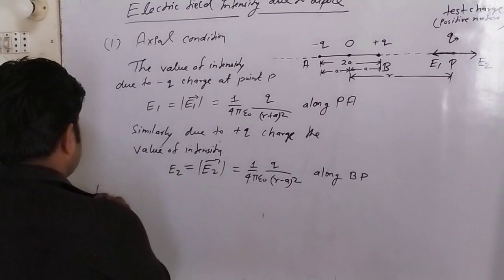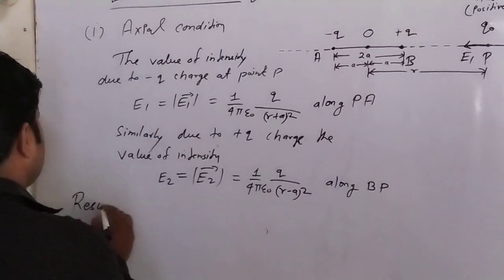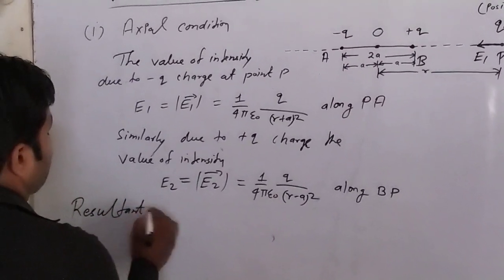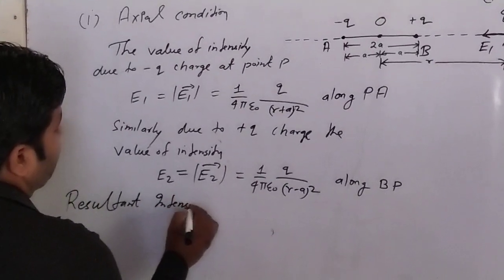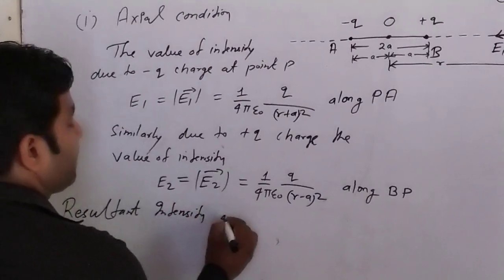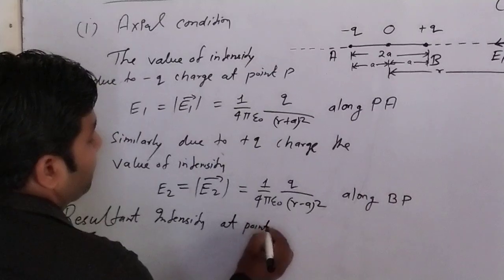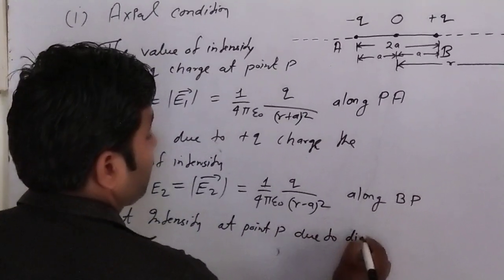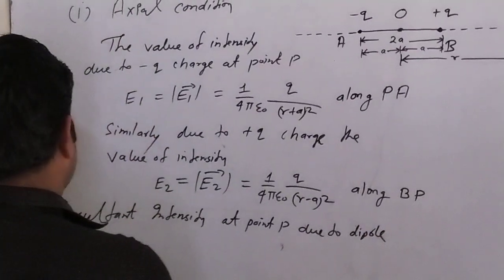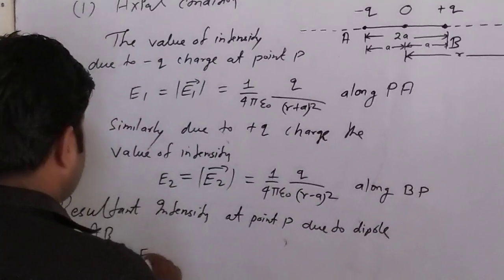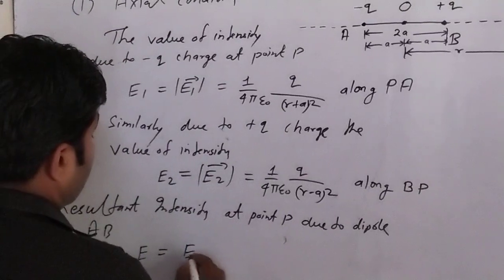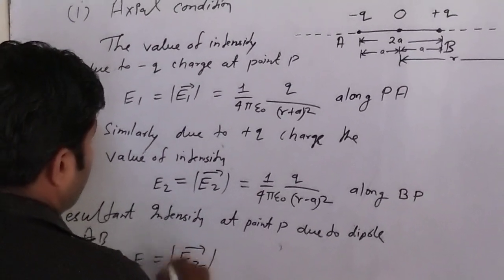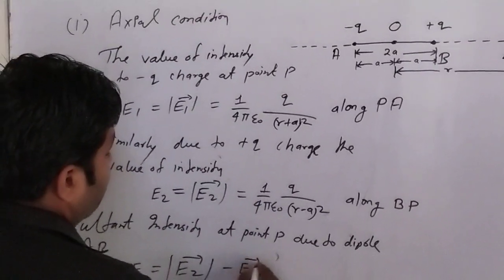So the resultant intensity at point P due to dipole AB is given by E equals E2 minus E1.